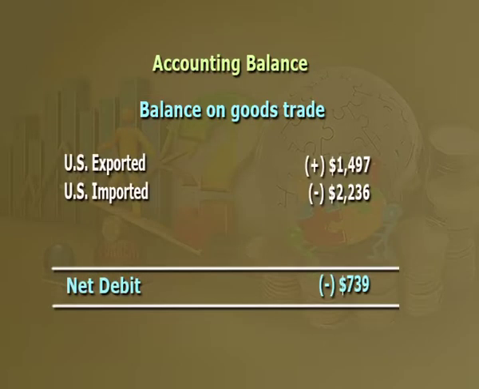In Table 1, the first accounting memorandum is the balance on goods trade, which shows that in 2011, the US exported $1,497 billion and imported $2,236 billion of goods, a net debit balance on goods trade of minus $739 billion.